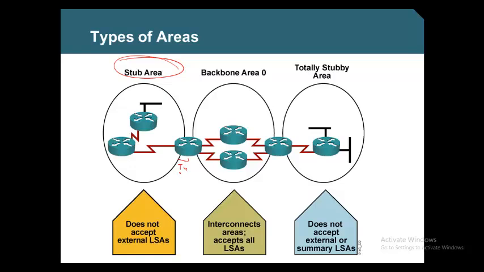The next type is Cisco's idea, a Cisco proprietary type, called totally stubby area. But unfortunately, I saw this even in Huawei routers, and also in HFCL routers.